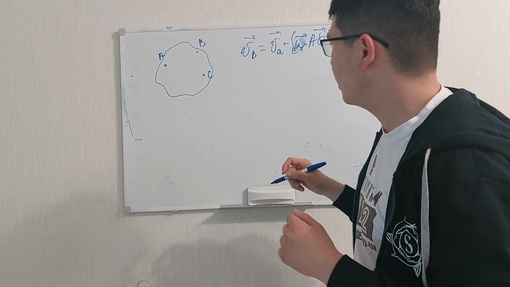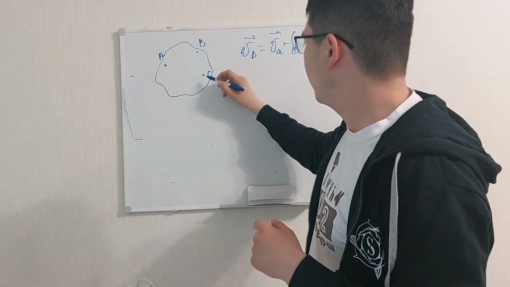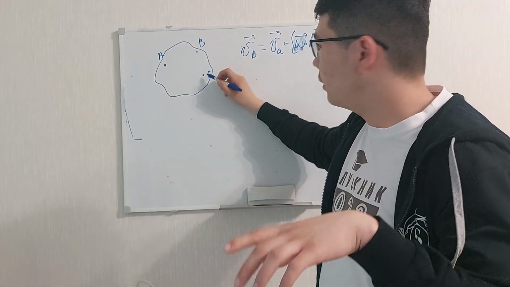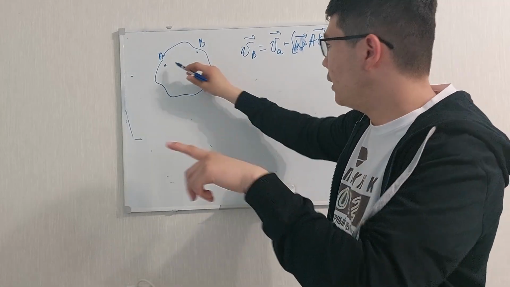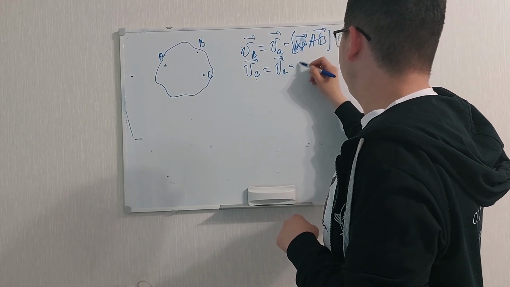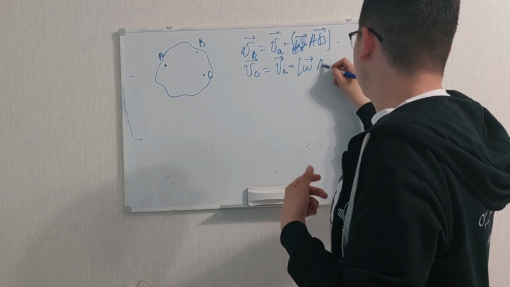Then the next thing we'll do is write the same formula. We'll try to find the connection between the velocity of the C dot and A dot. So we can write that VC is VA plus omega AC.